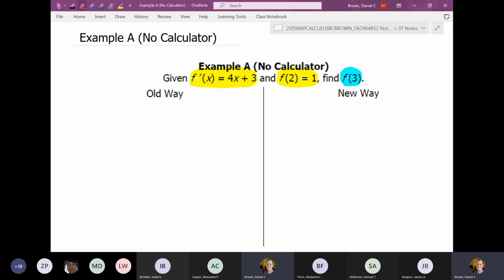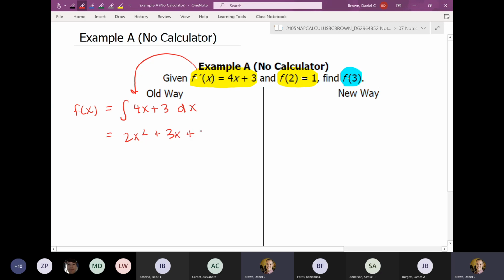So the old way we would have had to do this problem is we would know that, of course, f of x would be equal to the integral of f prime. And we would have to first integrate f prime to give us f of x. So that would be 2x squared plus 3x plus c. That is the general solution for f of x.